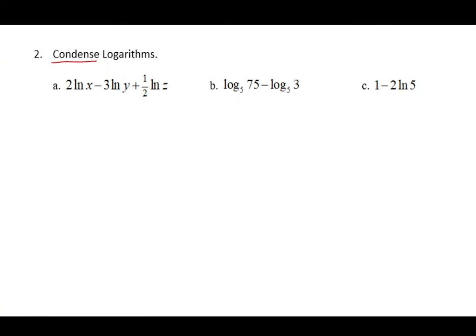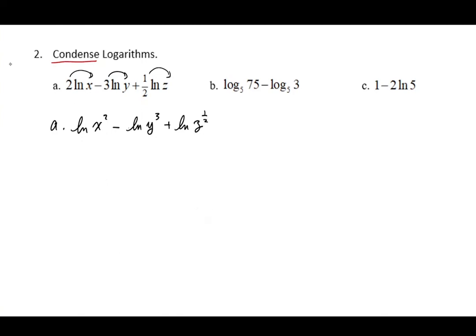So A. First, let's say this 2 goes up, so this is the same as ln x squared minus, that 3 goes up to become the exponent. You're applying the third property of logarithms in reverse. So ln y to the third, and that 1/2 becomes the exponent, so plus ln z to the 1/2 power.